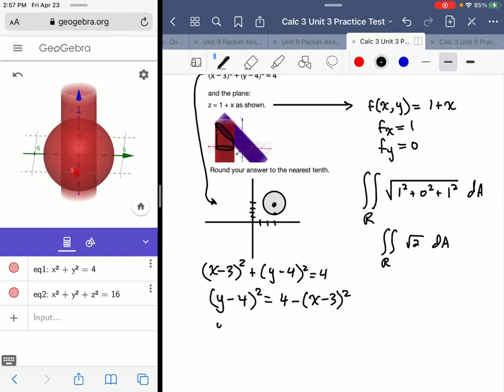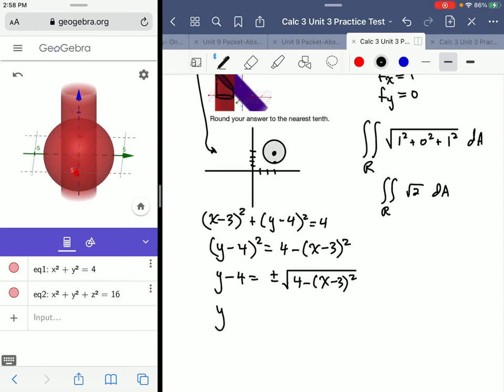Root both sides. I won't skip the step. Four minus x minus 3 squared under the radical, add a 4. So that would be our restriction, going from 4 minus that whole radical to 4 plus that whole radical.